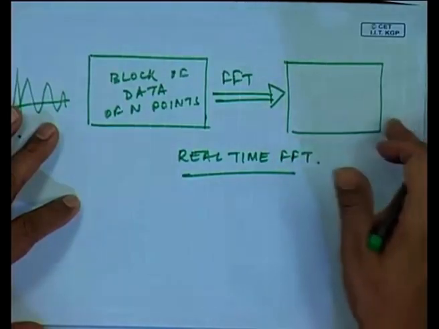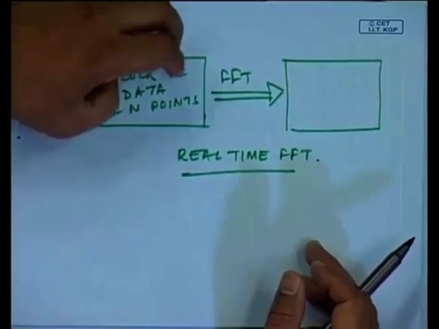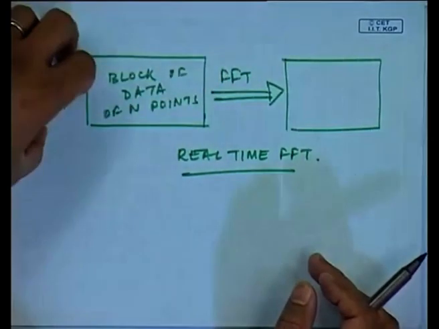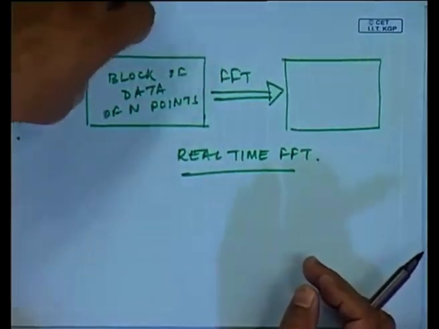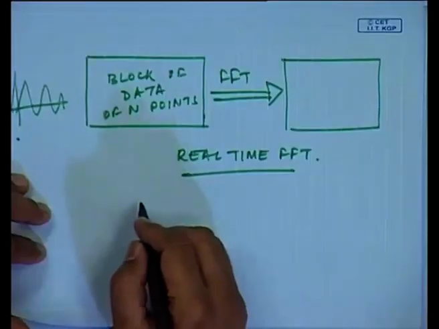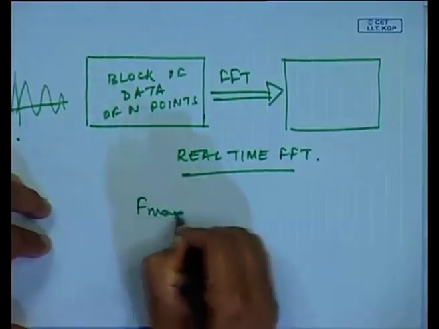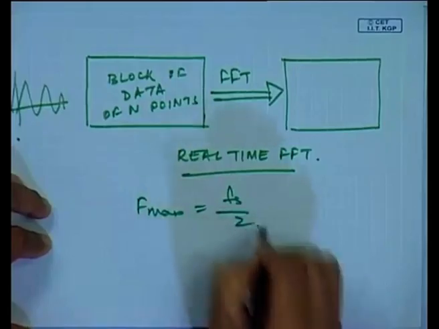And then there are softwares which do buffer management, in the sense that suppose you are taking more time, this will hold the data somewhere till your FFT is complete. So, this kind of management is done in software also. But now coming back to this FFT, the maximum frequency which we can analyze is nothing but Fs by 2.